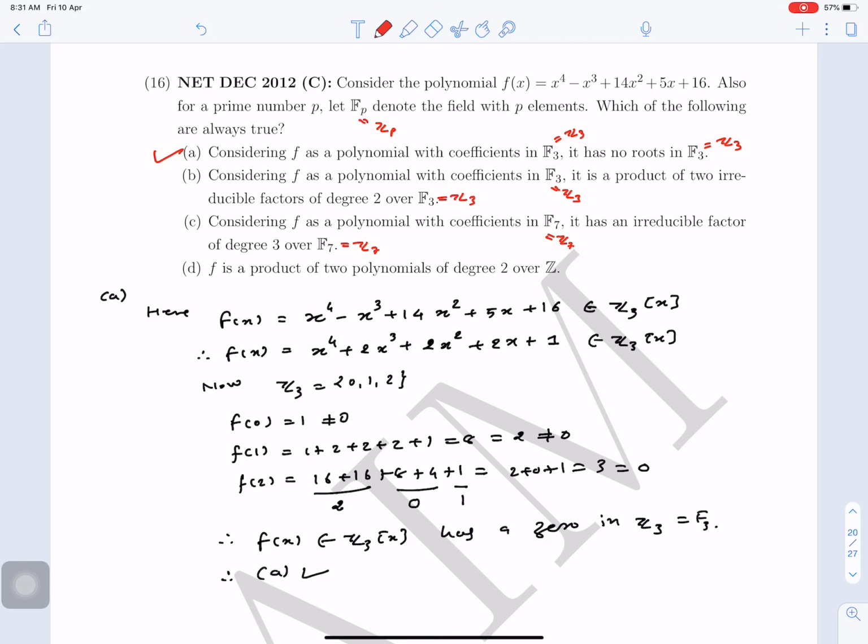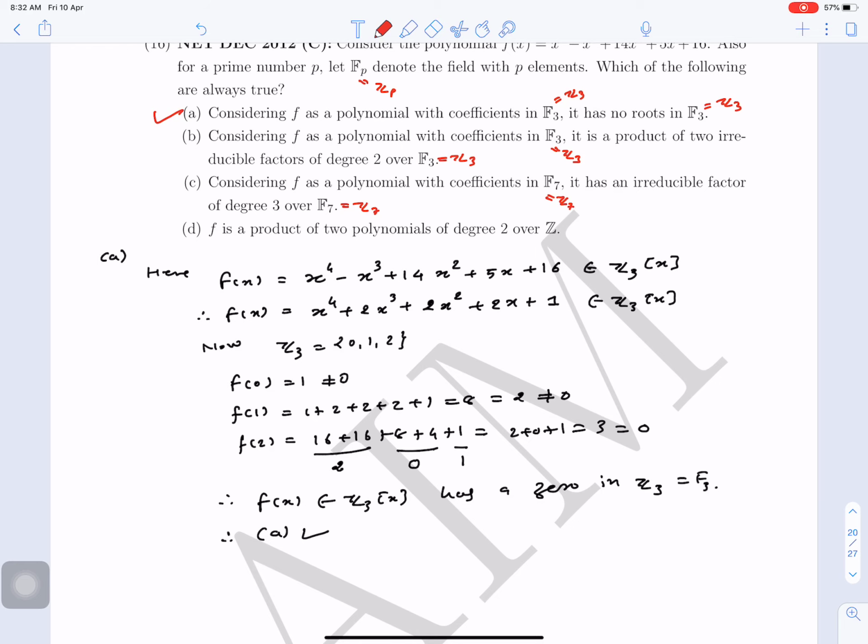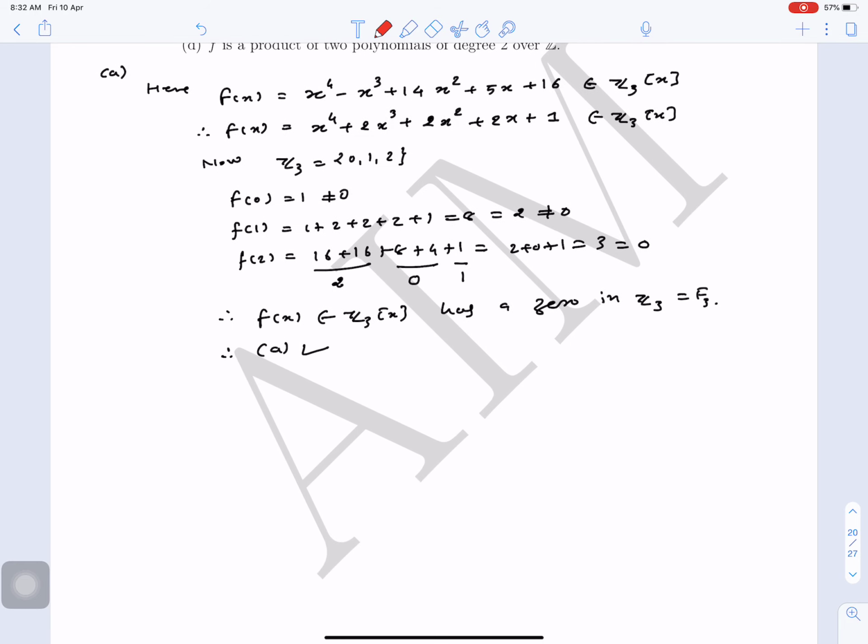Now in option B it says that f is a polynomial with coefficients in F3, and it is a product of two irreducible factors of degree 2 over F3, that is Z3. So see, by part A we can see 2 is a 0.